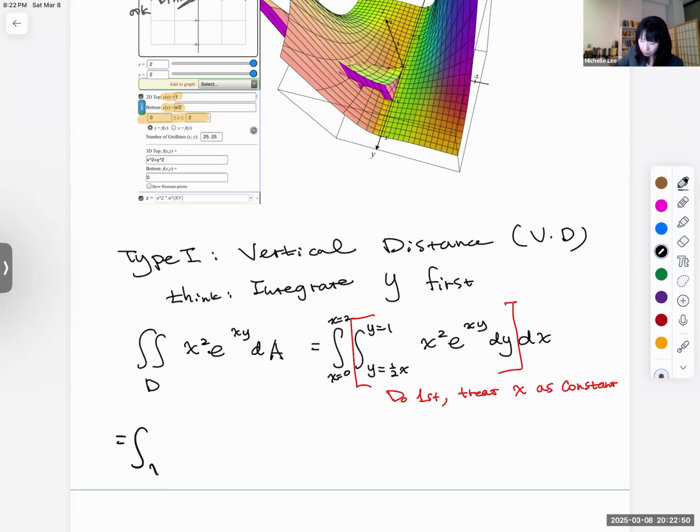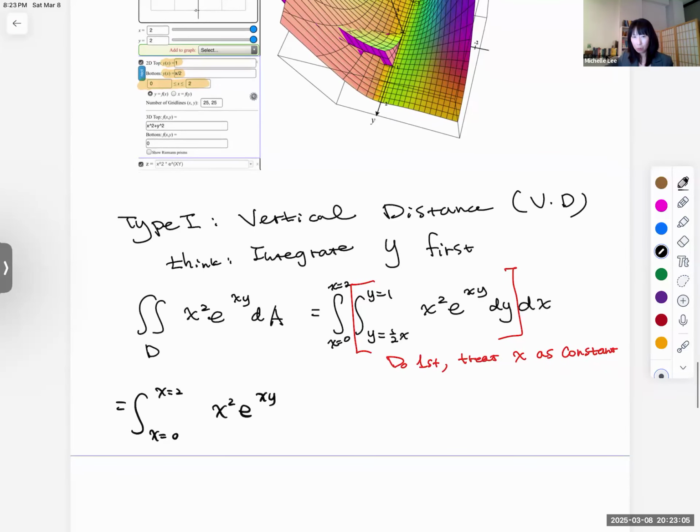That will be x equal to 0 to x equal to 2. x is constant, so we keep that constant, x squared, e to the xy. We integrate with respect to y, right? Then this is a constant, so we keep that constant, and by chain rule, which is x, right?